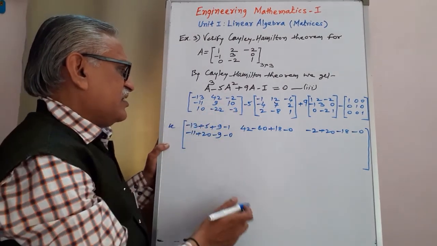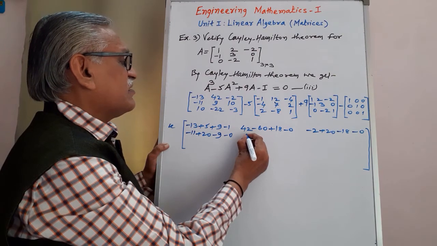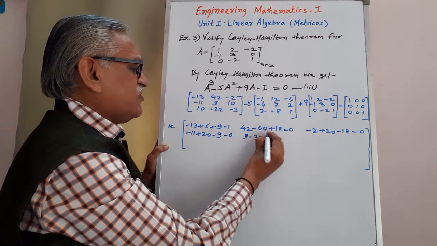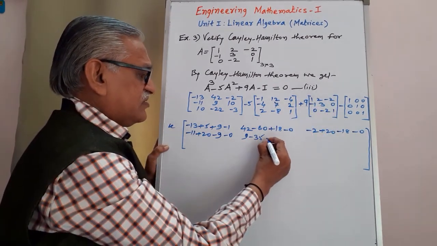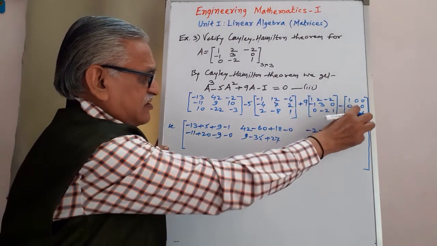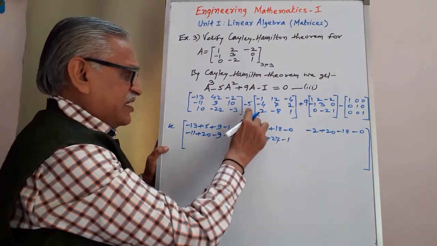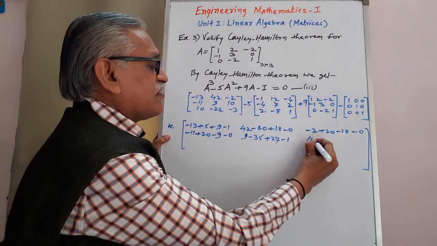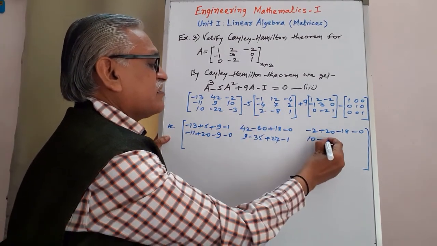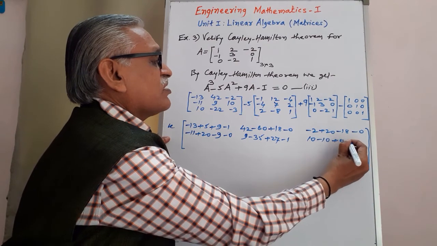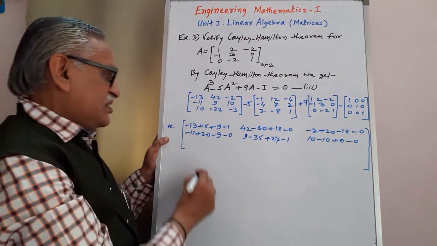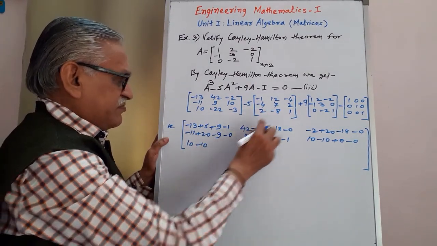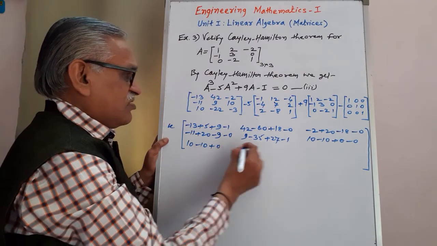Then second element, 9 minus 35 plus 27 minus 1. Then third element of second row, 10 minus 10 plus 0 and -0.